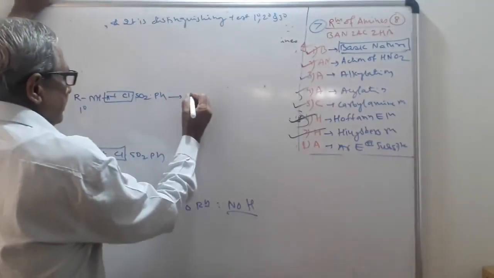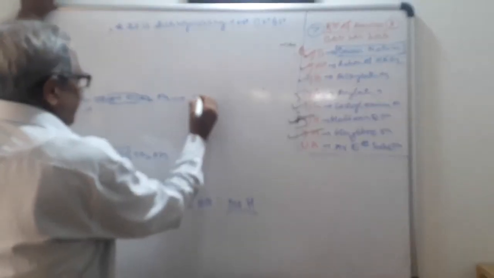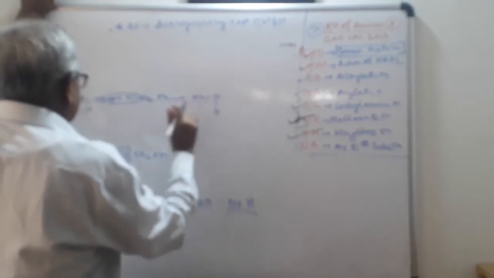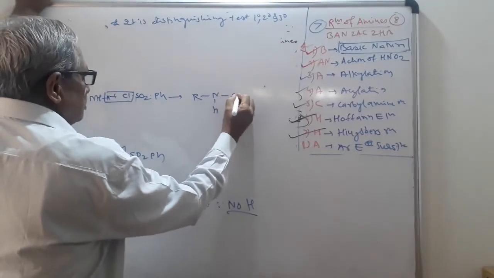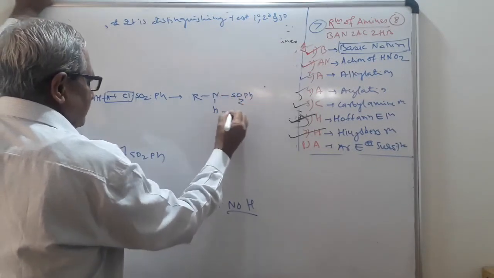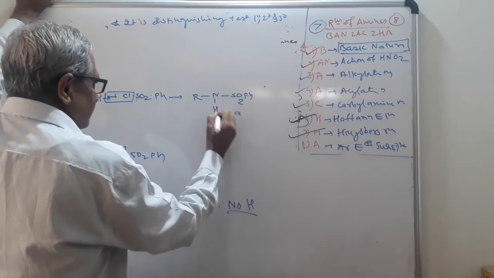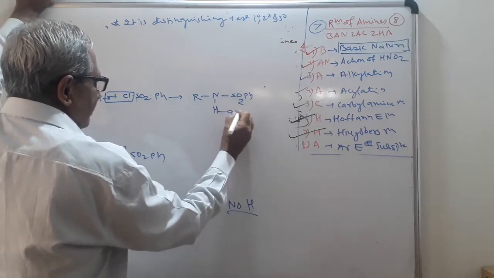In this case you will get a clear solution, RNHSO2Ph. See, this is again an acidic hydrogen. This hydrogen is strongly acidic in nature.